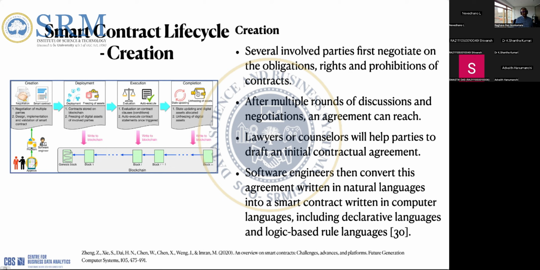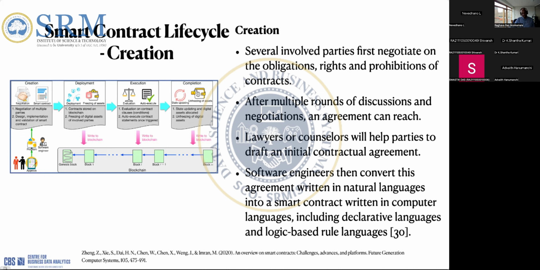In case of smart contracts, you will have software engineers who will convert this contractual agreement. You have an agreement specifying in detail what happens in each stage and in different situations, and then the software engineers will develop smart contracts for it, right?